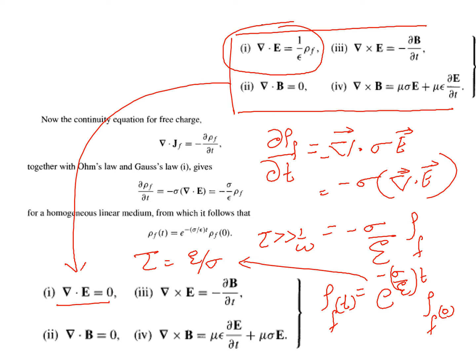So at that instant, you can write rho f equals 0. So del dot E equal to 0. Then del dot B is already 0. Del cross E is equal to minus dou B by dou t, and del cross B equal to mu epsilon dou E by dou t plus mu sigma E. Everything as usual except the first equation. I hope the concept of free charge is clear.